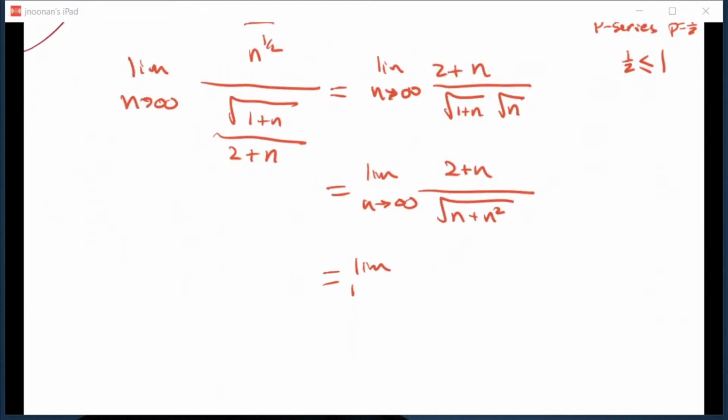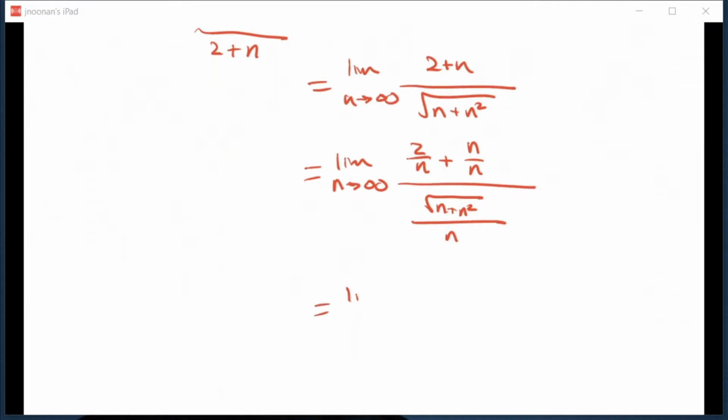I know you do it your way, and your way is quicker than my way. When that n gets put under this radical, it becomes n squared because the square root of n squared is n. And now I'm almost done.